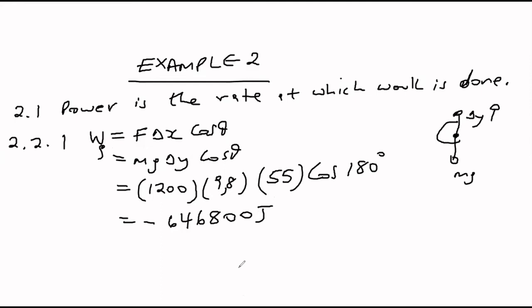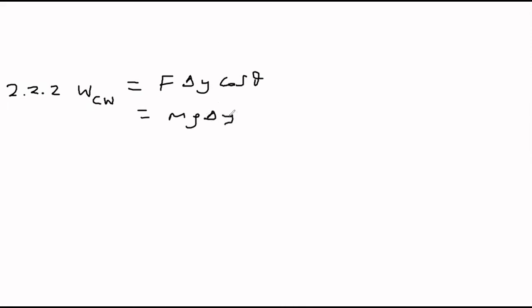We need to calculate the work done by the counterweight on the cage. 2.2.2. The work done by the counterweight on the cage is the force times the displacement cos of theta, which is mg delta Y cos of theta.